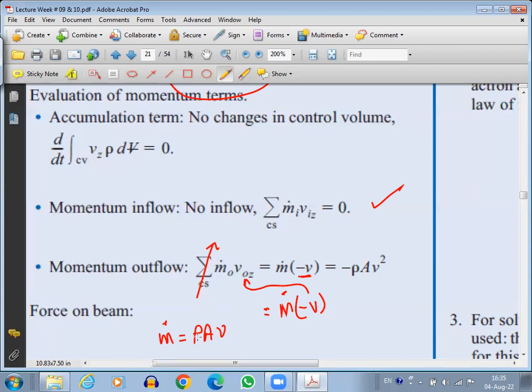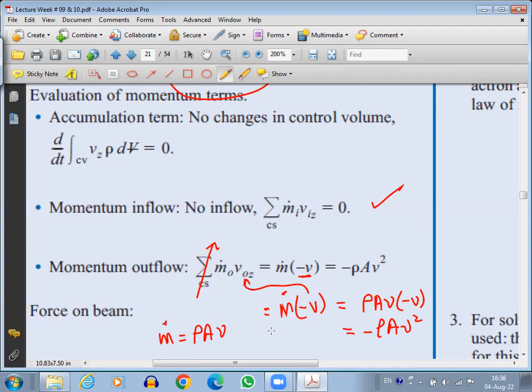Now here, when I'm calculating the mass flow rate, I just need the magnitude of velocity, irrespective of what is the direction of velocity. So if I write here, I will write rho A v multiplied by negative v. So it will become negative rho A v squared.